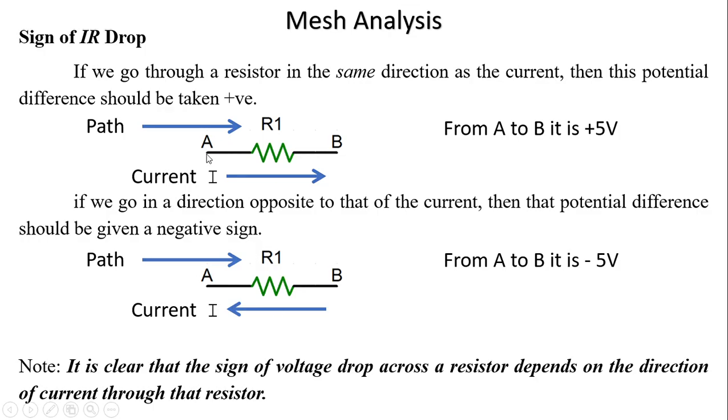For example, in this, the path direction is A to B, the current is also going from A to B, then it is I into R1. Now coming to the next one, if in this particular example, the path direction is from A to B, but the current is opposite to the path direction, then if the resistance is R1, it is minus I into R1.